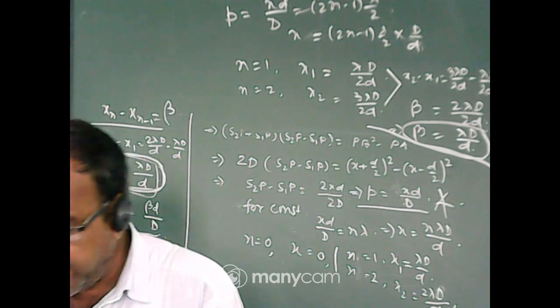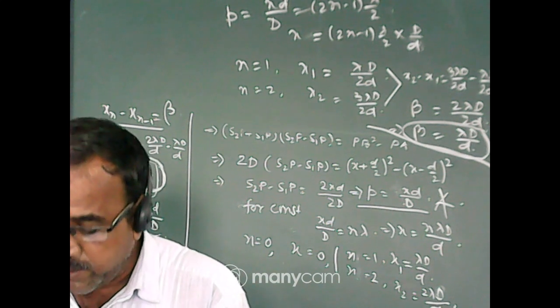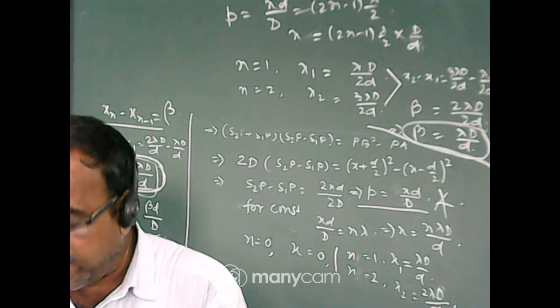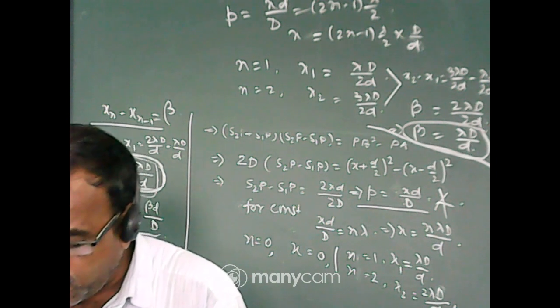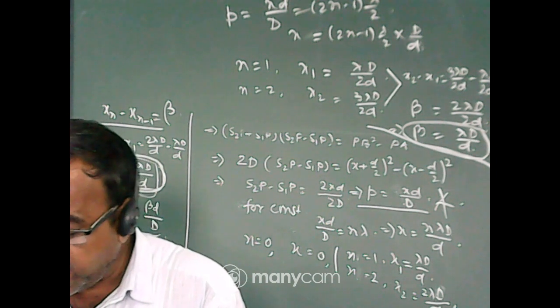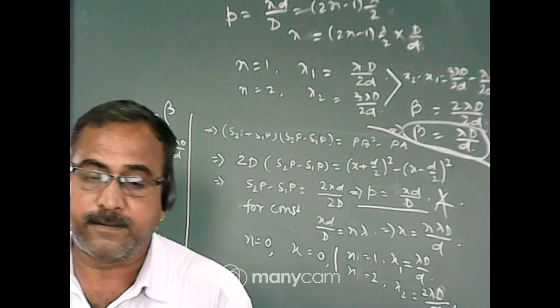A second light produces an interference pattern in which the fringes are separated by 7.2 millimeter. Calculate the wavelength of the second light.